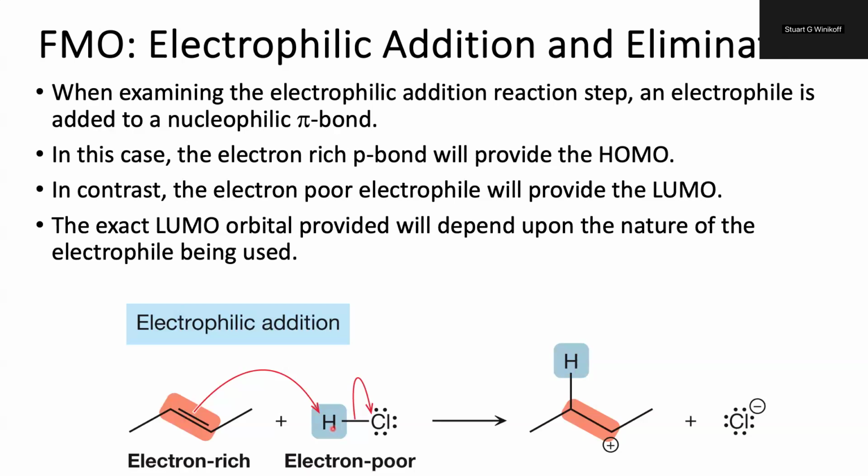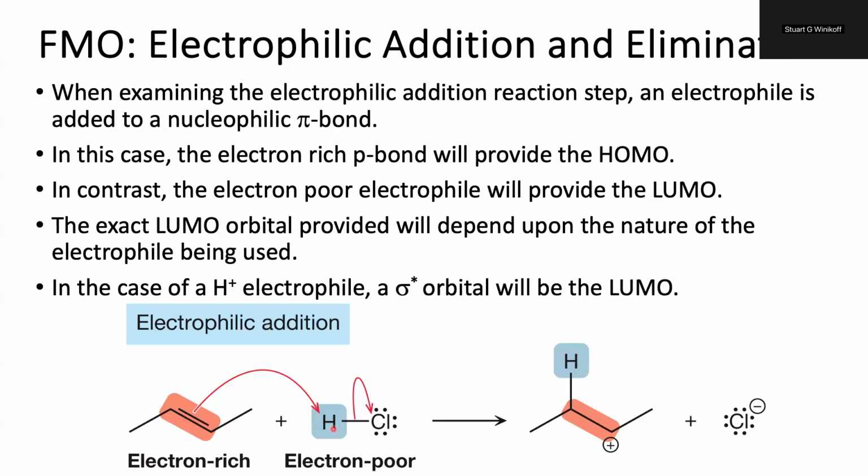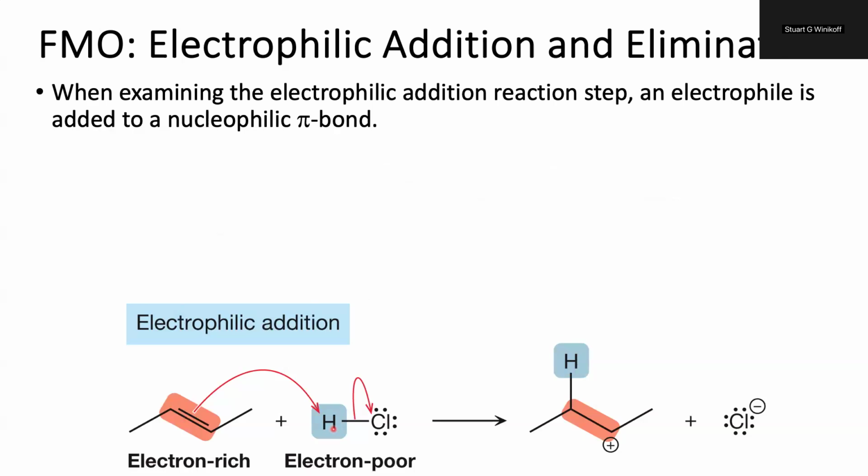So again, this is going to be a nice sigma antibonding orbital, same thing we more or less saw in proton transfer. So we can go ahead and look at a very proton transfer-like mechanism.